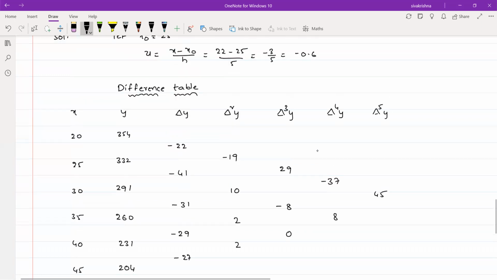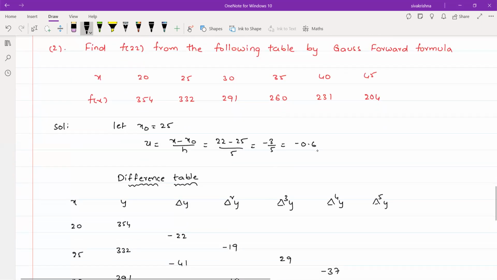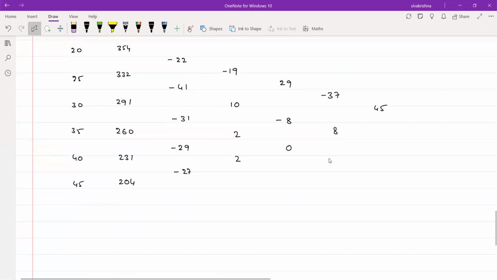Since here we have chosen x0 as 25, I am writing that this is x0. Whenever this is x0, the values below x0 can be treated as x1, x2, x3 and x4, and the values above x0 can be treated as x suffix minus 1. The corresponding y values can be treated as this is y suffix minus 1, this is y0, this is y1, this is y2, this is y3 and this is y4.